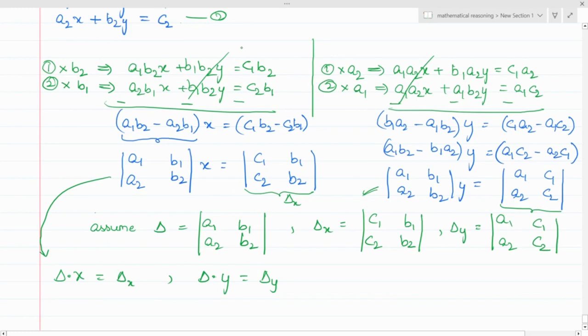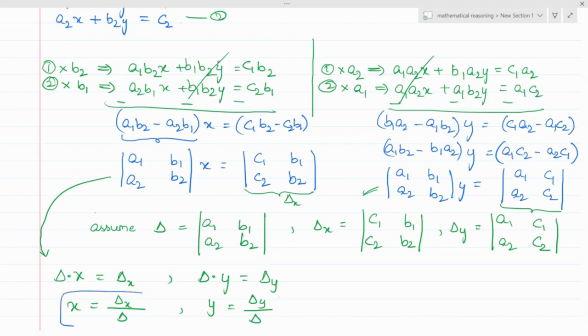So finally we get x is equal to delta x upon delta and y is equal to delta y upon delta. So when you have two simultaneous equations, you can find the variables by just finding the determinants respectively. Instead of doing the elimination method, you can use the determinants. Let's solve a few questions so that you get a clear idea on this.